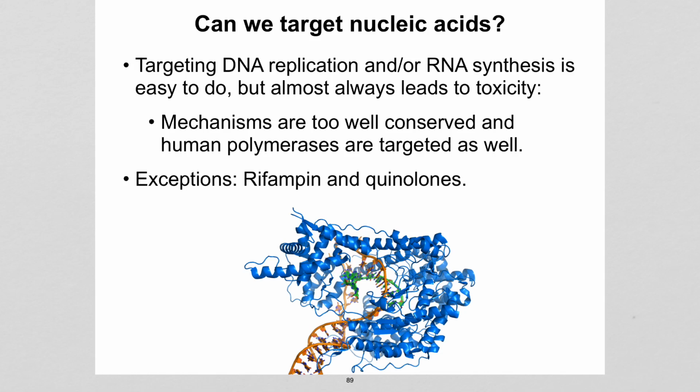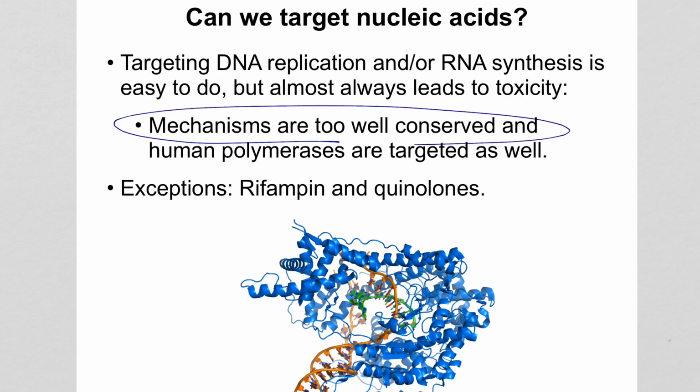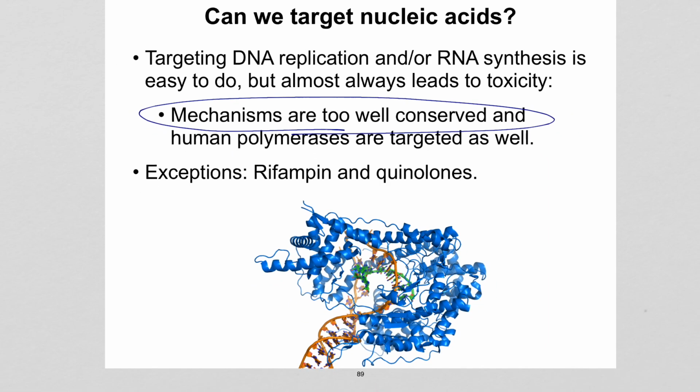And it's because polymerases are too well conserved. Conservation in an evolutionary sense means they haven't changed much. And so bacterial DNA polymerase is just so similar to human polymerase, it's hard to find an inhibitor that blocks one and not the other. The effect is they're toxic to bacteria, but you've got a pretty poor therapeutic index because they're also toxic to humans.